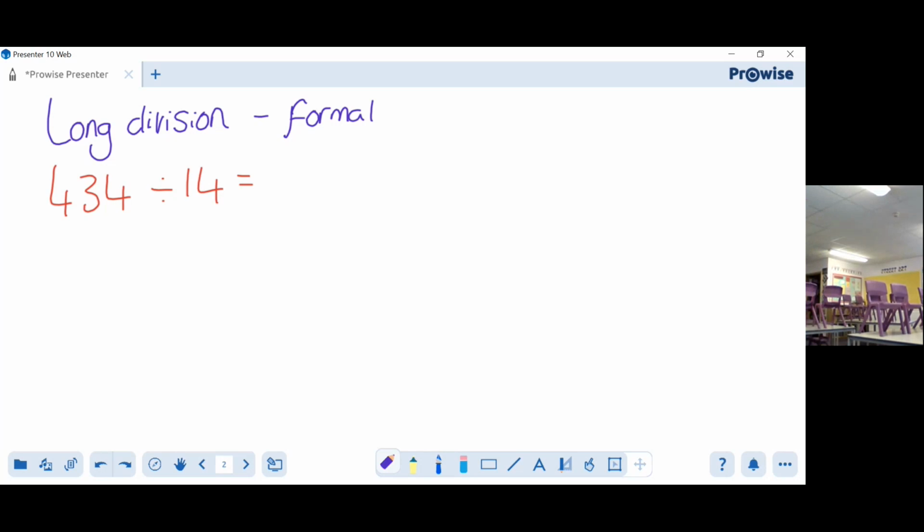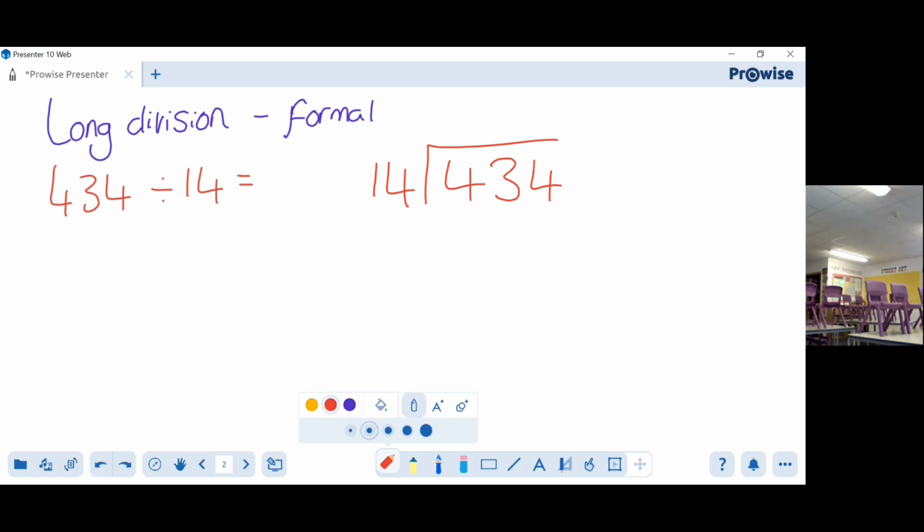Again, I want to start by writing it down as the bus stop method, just to remind myself of what I am doing. For this one, I find it really helpful to write down my 14 times table.